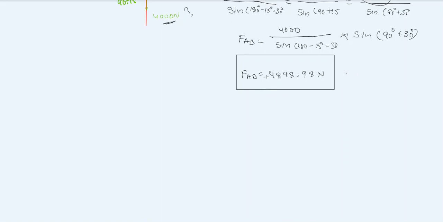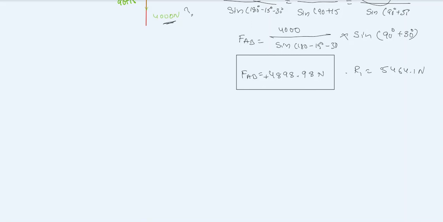If you get the negative value, that means your assumption is wrong, so it is supposed to be tensile force, but here we got positive value, so our assumption is correct. So you can find R1 also, no need to find, but if you have interest, you can find, you will get R1 5464.1 Newton.